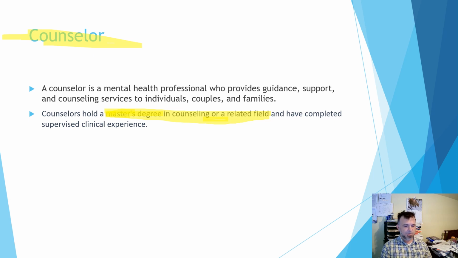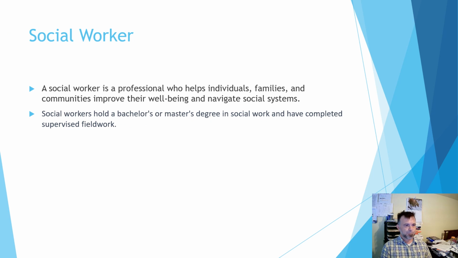The related fields part goes away for the state of Virginia. That's not applicable. To be considered a psychologist in the state of Virginia, you have to have your PhD in psychology. A master's degree in psychology is of little benefit professionally.